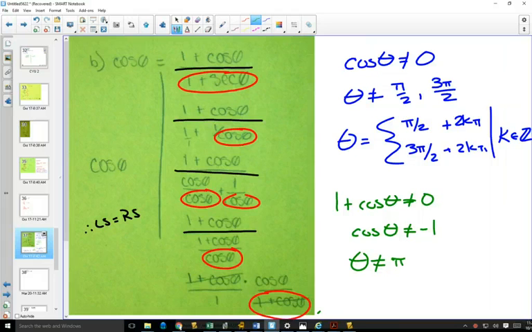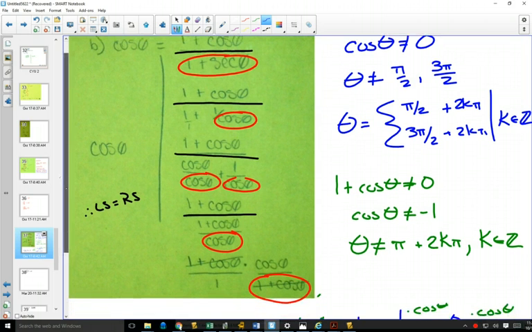At pi. So if you wanted to write the general solution, add 2k pi. Since there's only one answer, we can do that right away. And so that would be another set of non-permissible values in this question. And the last thing that we've circled where there's dividing is 1 plus secant theta.